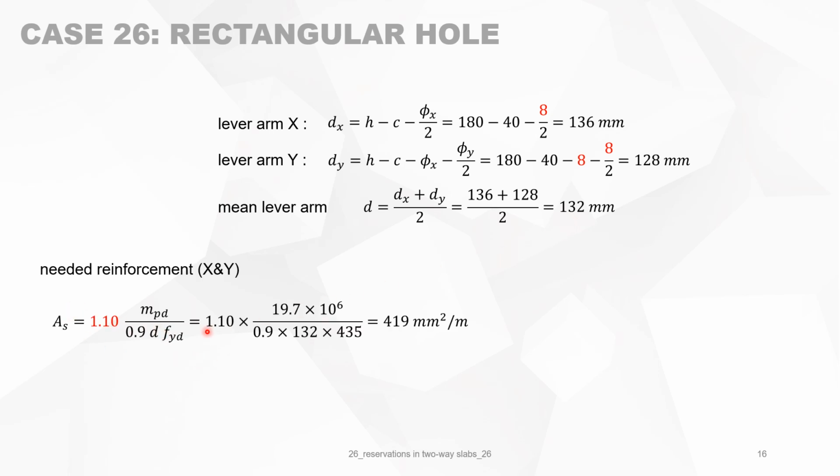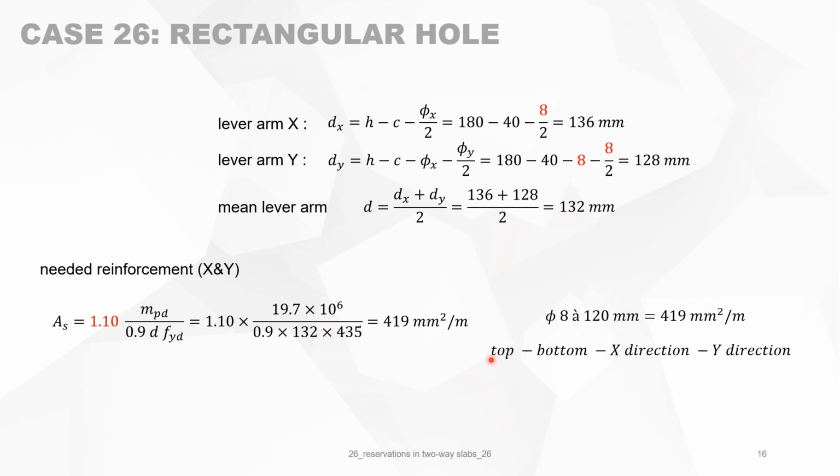The needed reinforcement is 1.1 times the bending moment divided by the lever arm and divided by the yield strength of the reinforcement, and that leads us to 419 square millimeter per meter, or diameter 8 every 120 millimeters will be fine.